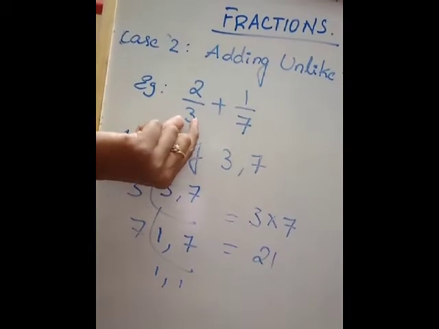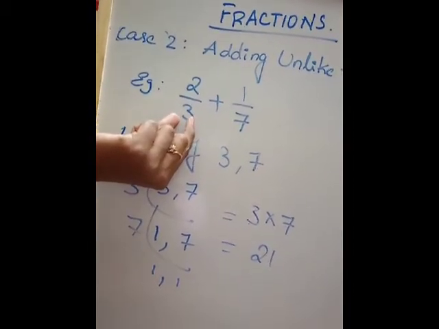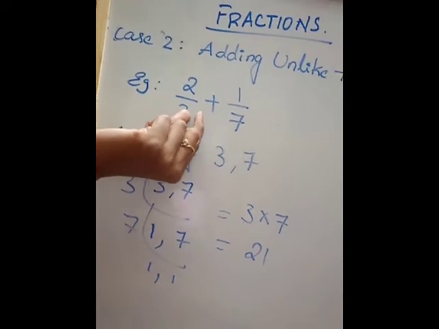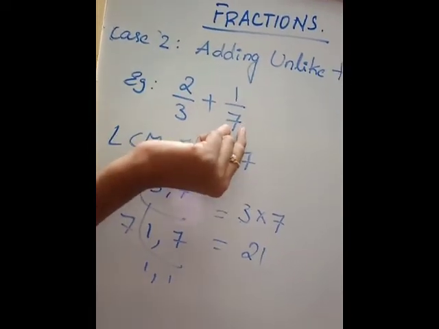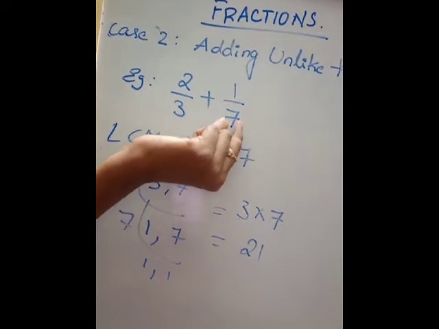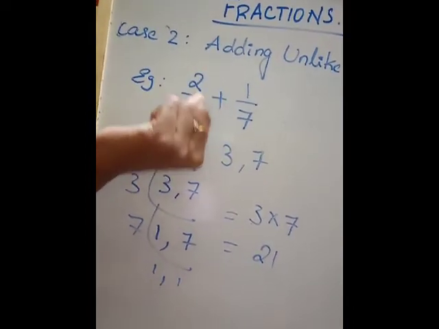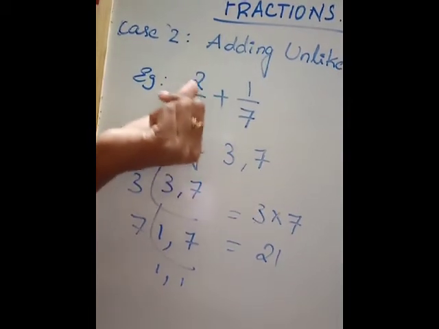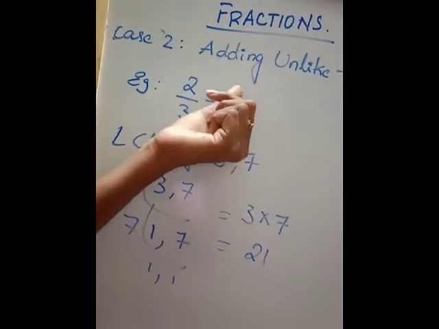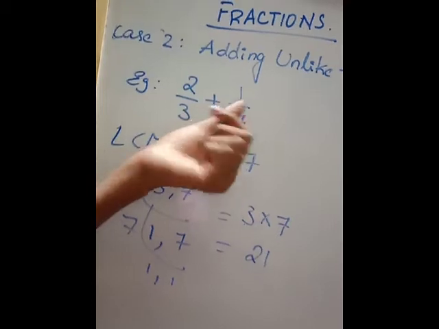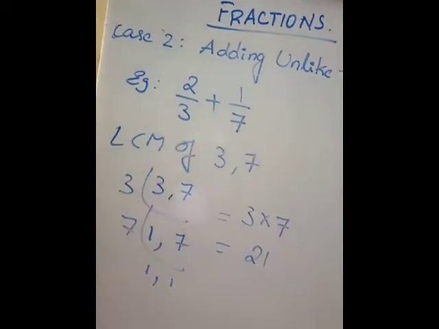By what do you multiply to get 3 as 21? 3 sevens are 21, so multiply numerator and denominator by 7 here. And 7 threes are 21, so multiply numerator and denominator by 3 there. Let us do that.